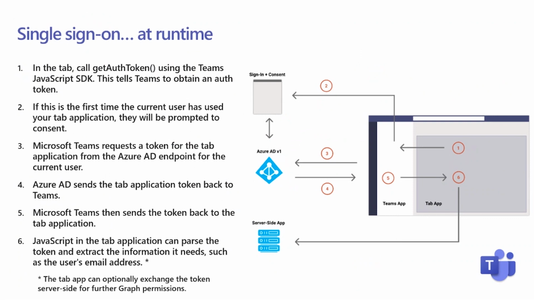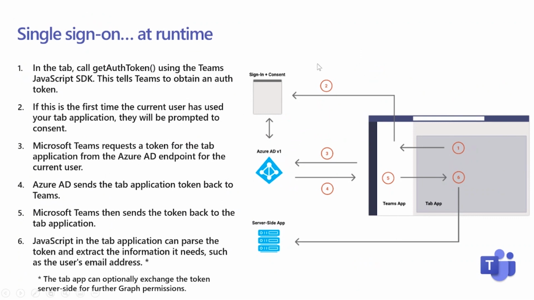Now, the reason that exchange is important, I'm alluding to something that I'm going to show you in a little bit, but that means that the app, the tab, has to register Teams as a trusted client inside of Azure AD's registration portal, basically telling Azure AD that it's giving permission to Teams to get a token on their behalf. And I'll show you what that looks like.